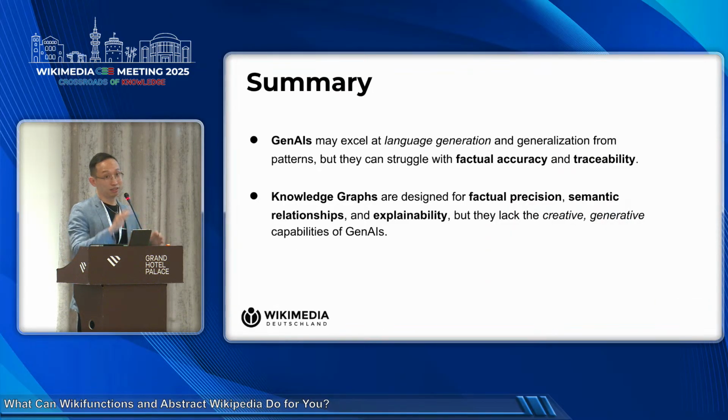As a summary of that particular section, Gen AIs may excel at language generation and generalization from patterns, but they can struggle with factual accuracy and traceability, whereas knowledge graphs are designed for factual precision, semantic relationships, and are able to explain, but they lack the creative, generative capabilities of Gen AI.